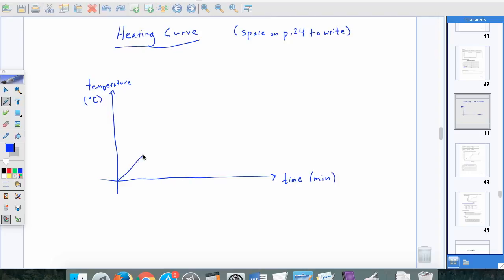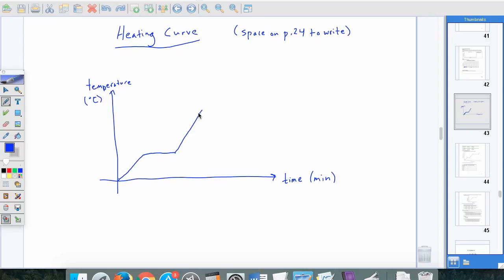But at some point, the solid would start to melt. It would undergo a phase change. And the melting is going to be a flat line. It's supposed to be flat. So it's not raising in temperature anymore. Once it's done melting and it's all liquid, then the temperature will start to rise again.